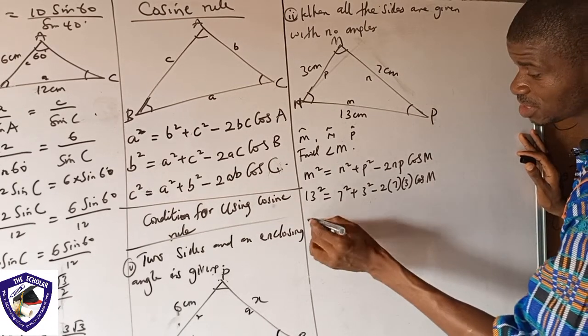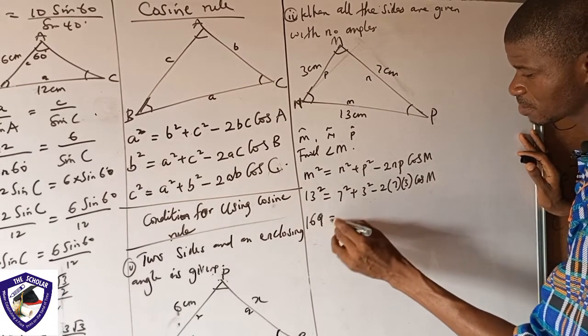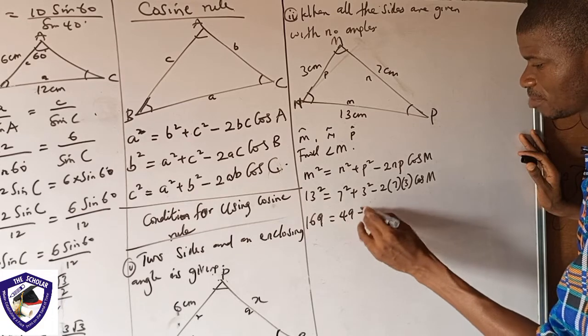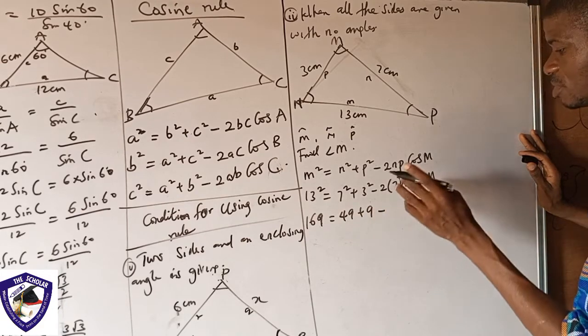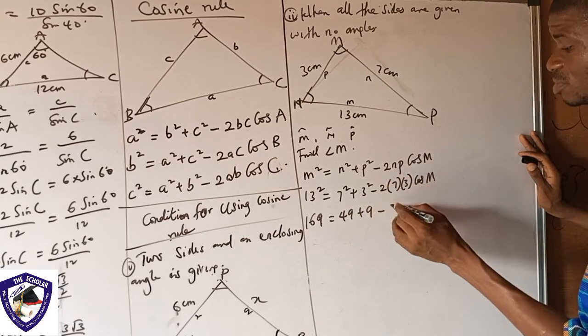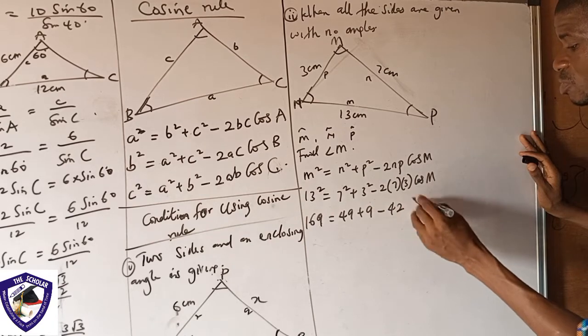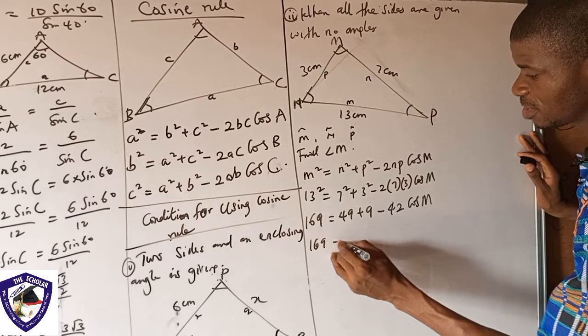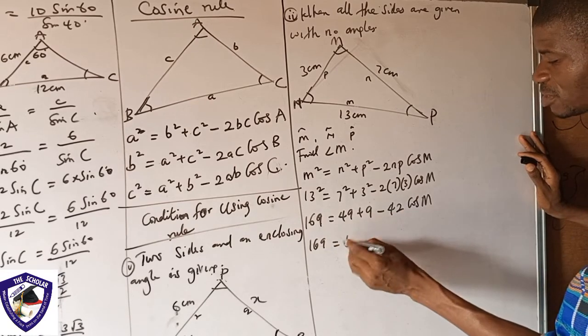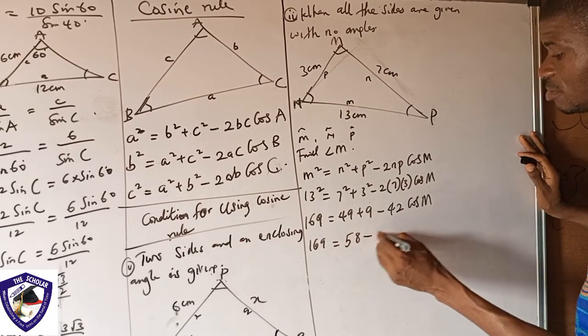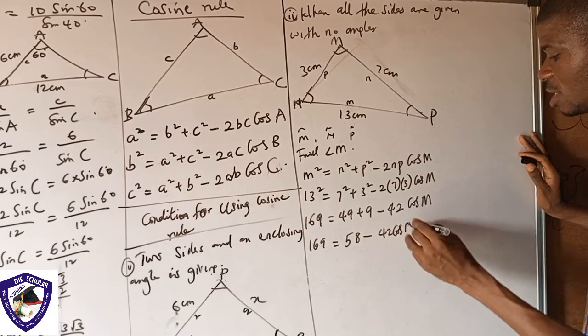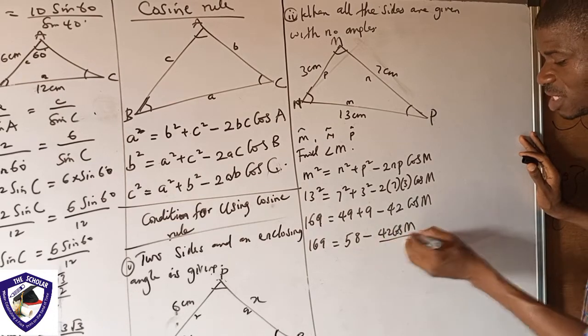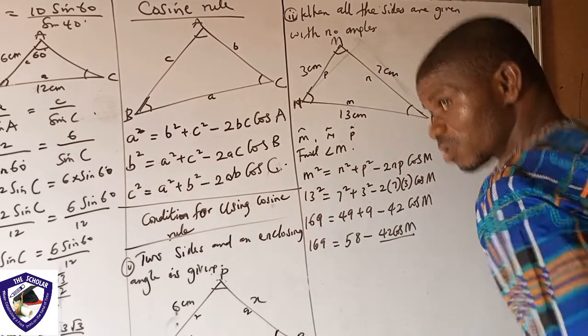So 13 squared means 13 times 13, that's 169, is equal to 49 plus 9 minus 21 times 2, that's 42 cos M. So I have 169 is equal to 49 plus 9, which gives us 58, minus 42 cos M. Mind you, you cannot subtract this because this one is attached to this. So the next thing, you collect like terms.